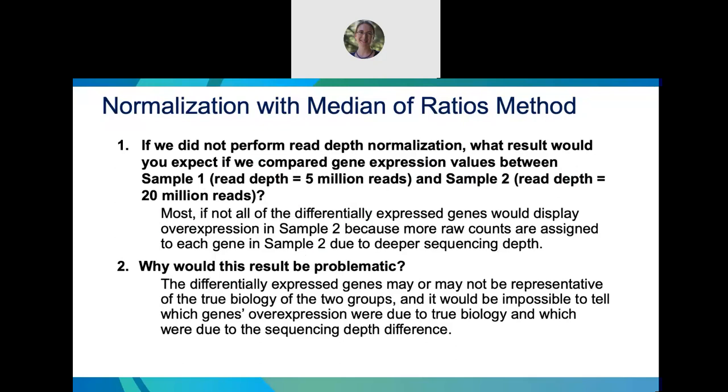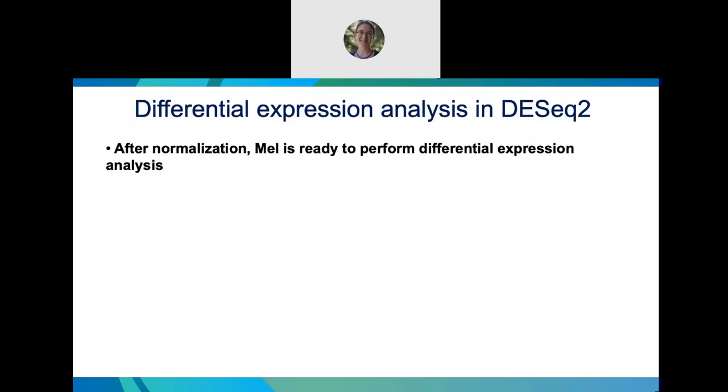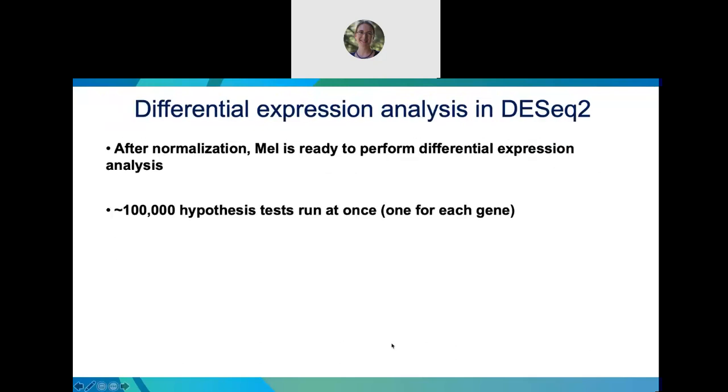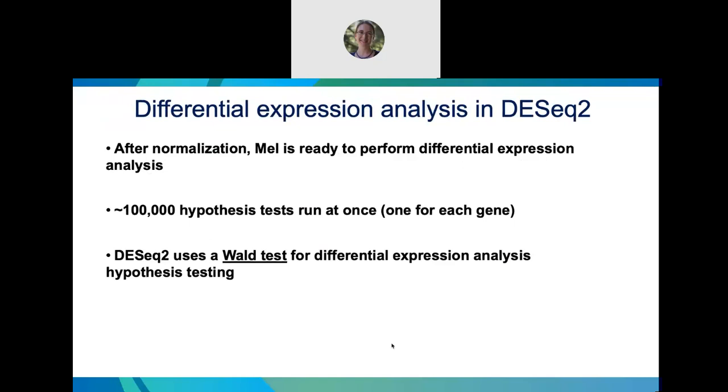The second thing that we need to do after normalization, we're ready to perform differential expression analysis in our hypothetical iris experiment. That would be around 100,000 hypothesis tests run at once, one for each gene. As we discussed before, DESeq2 uses a Wald test for differential expression analysis hypothesis testing.